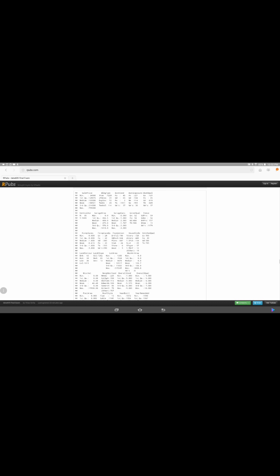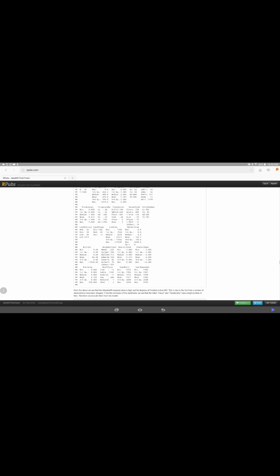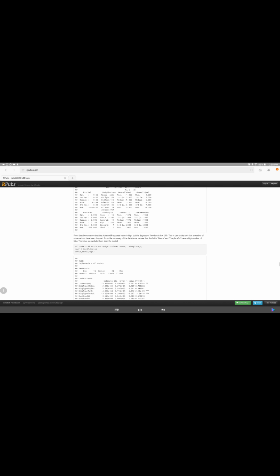So for that, I do a summary on the data set, and I look at each variable's NA count that is reported, and I found that the variable fence had a very large number of NAs exceeding 1,000, and the variable fireplace quality had almost 700 NAs. So accordingly, I dropped these variables from my model and then ran the regression again, or trained the regression again.